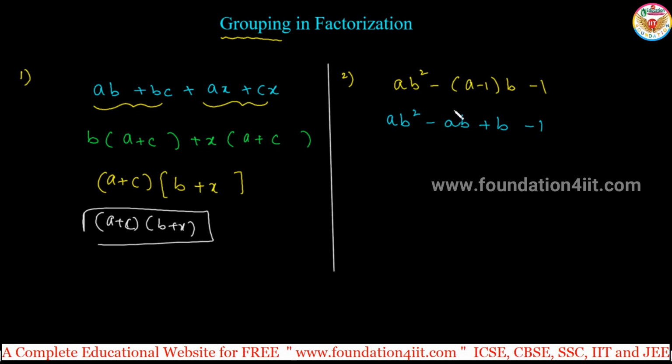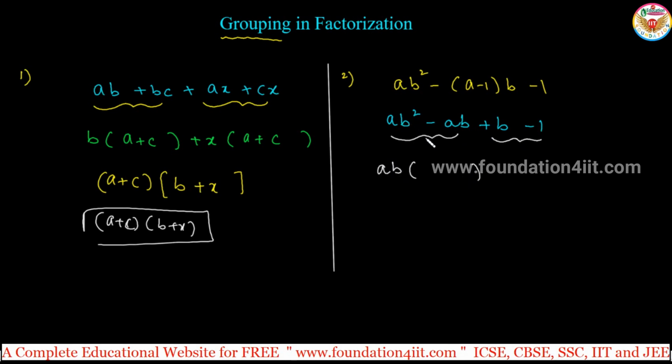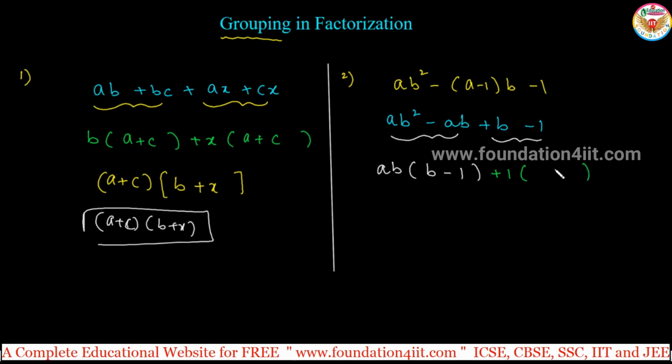Now check this result. It is like the first one. From the first two and last two terms it is possible to take the highest common factor. ab square minus ab: I can take ab as the highest common factor, more b, and here ab into 1 is again ab. Whenever there is no common factor, take plus 1 as the common factor, because 1 is a common factor for any number.